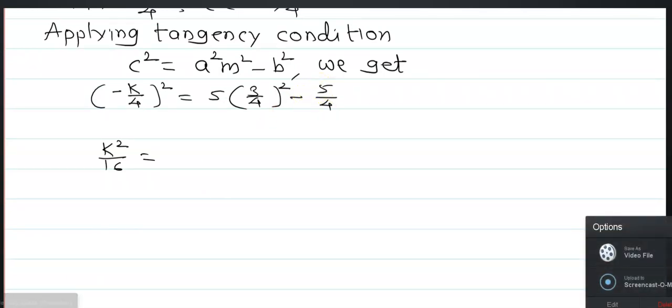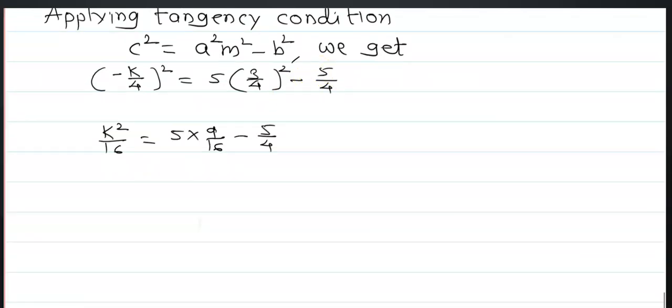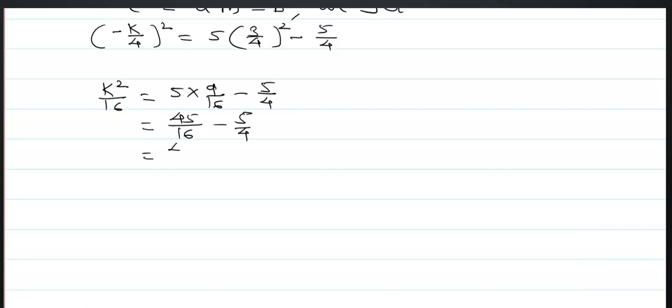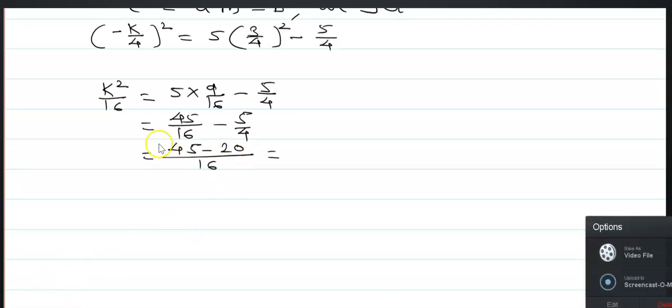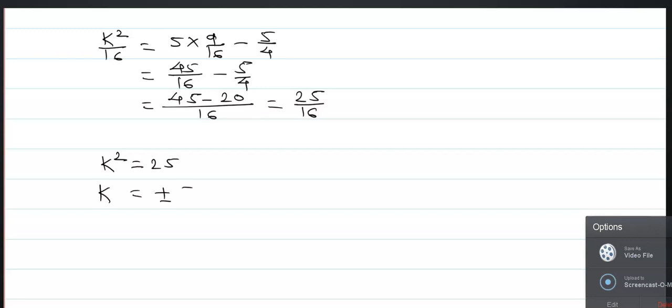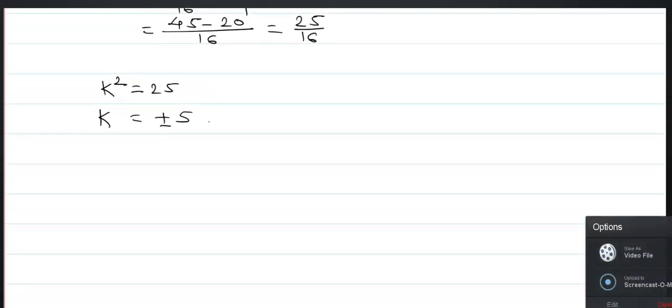After simplification, k square upon 16 equals 5 into 9 by 16 minus 5 by 4, that is 45 upon 16 minus 5 by 4. On simplification, 45 minus 20 upon 16, that is 25 upon 16. So k square is 25, and that's why k equals plus or minus 5.